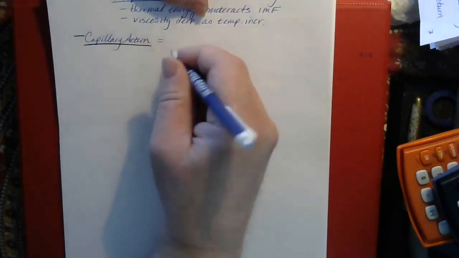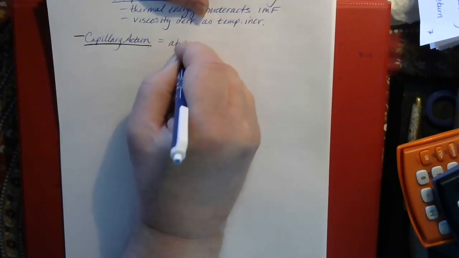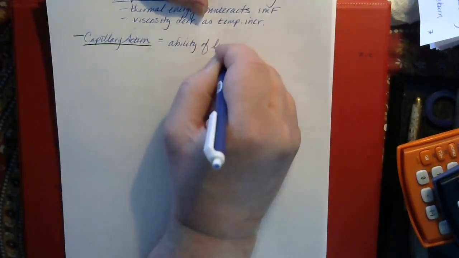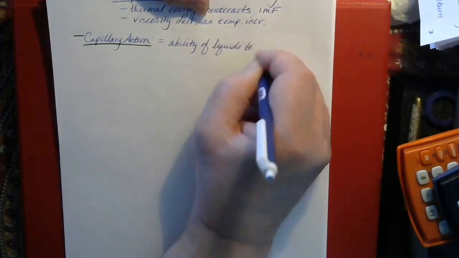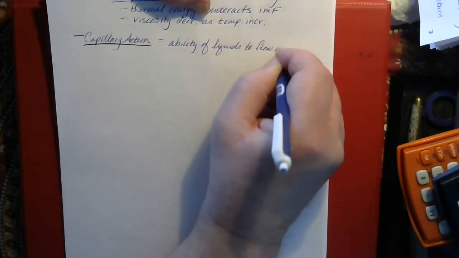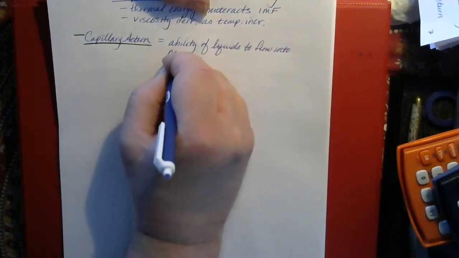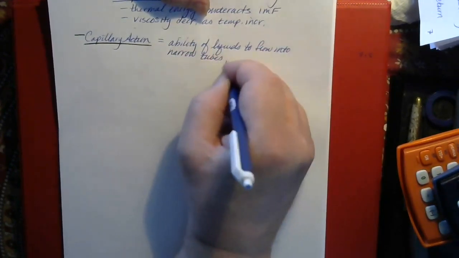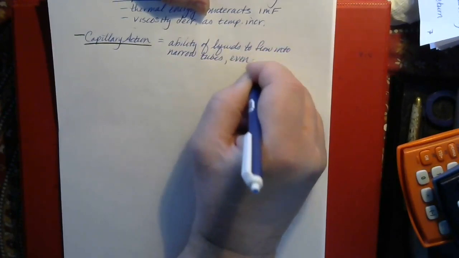Capillary action first is defined as the ability of liquids to flow into narrow tubes even if it's against gravity.